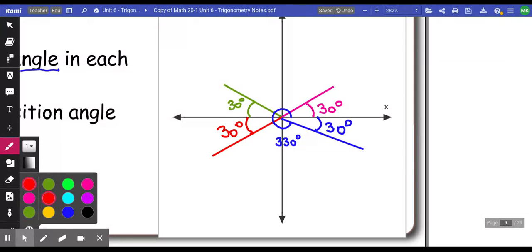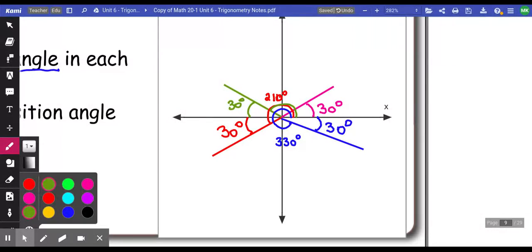Every one of these arms has a different standard position angle. The red one has a standard position angle that goes to here, which would be 180 degrees plus 30, or 210 degrees. The green one would be from the positive x-axis all the way to the green line.